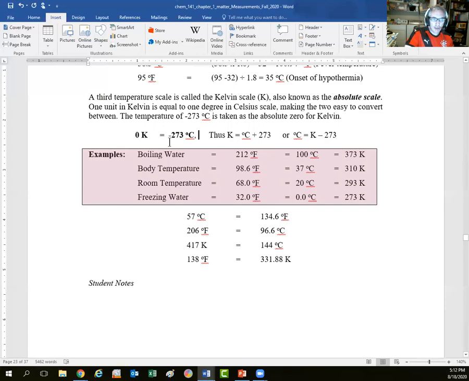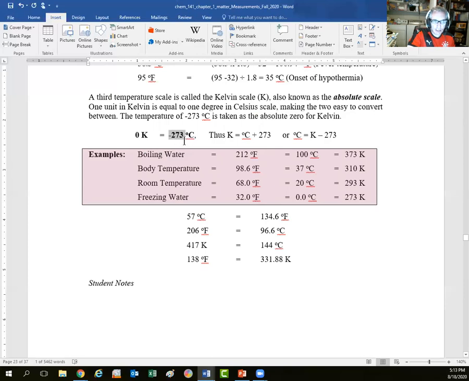So for every unit of Kelvin, there's 1 unit of Celsius. So the two units, Kelvin and Celsius, are always separated by just over 273 units. So whatever the value is in Kelvin, you can take that value, subtract 273 to turn it into the Celsius equivalent. Or if you have a value in Celsius, you can add 273 because a Kelvin value should not be negative.